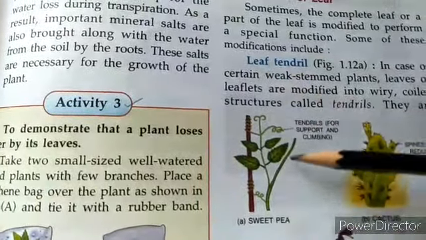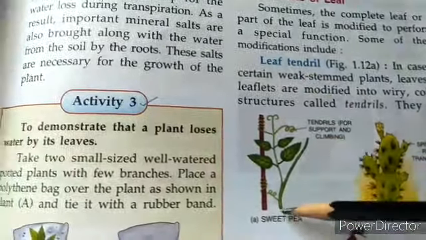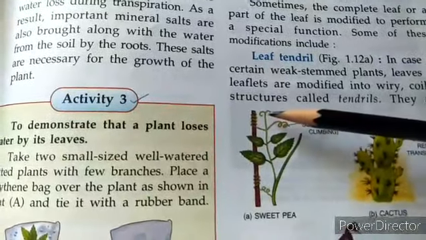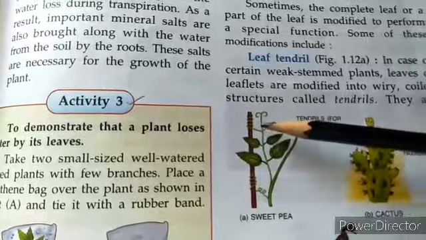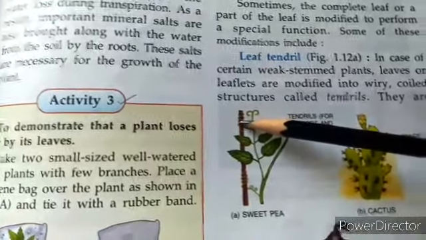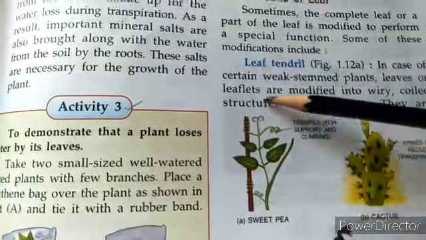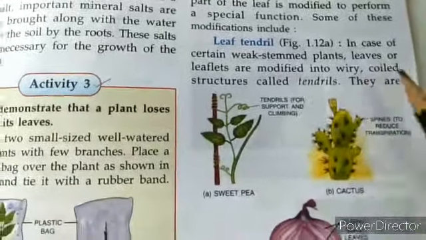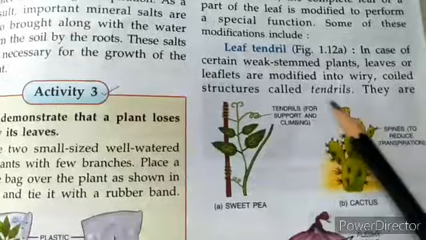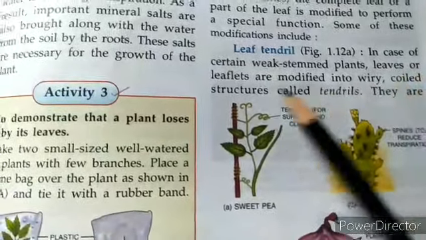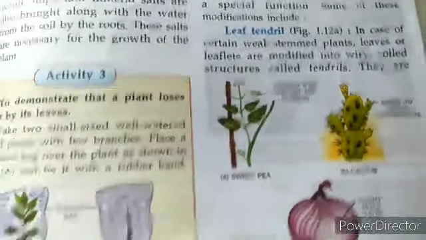And since the stem is weak and cannot be rigid, this development of tendril is to perform the act of holding on to certain rigid structures near the plant so that the plant can grow and climb up. So this is called a tendril, and it is actually a modification of leaf and leaflet. Let's go to the next one.